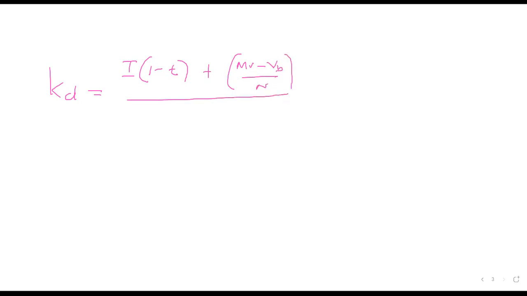So we're going to have Kd will be the payment I, of course, here we need to remove the tax shield, I times (1 minus tax), plus the maturity value, the par value, we subtract the value of the bond over N, divide everything by the value of the bond plus maturity value over 2.